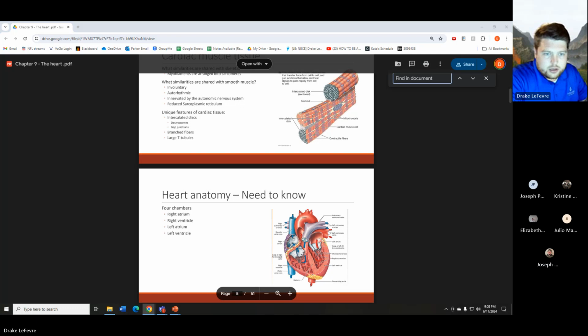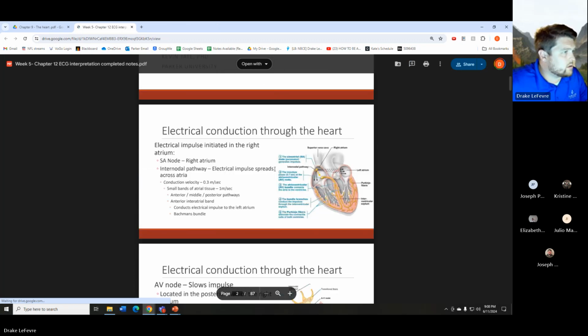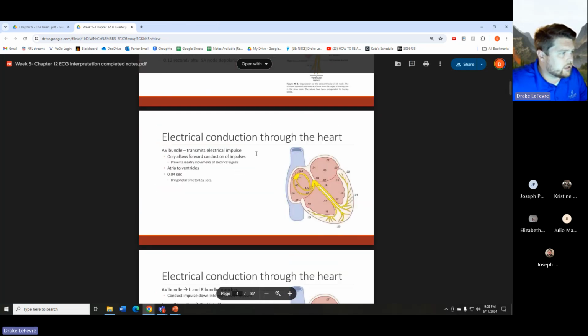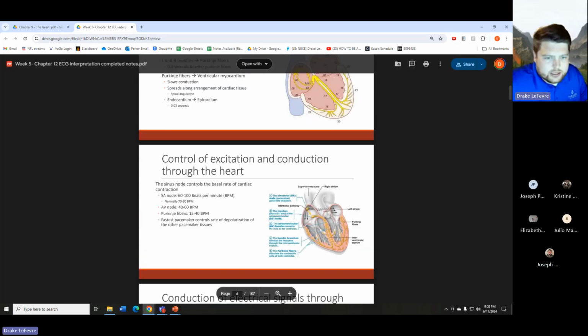ECG. Does it look kind of like this? I'm pulling it up. You said ECG interpretation, and then what was the other one? Cardiac arrhythmias. That might be a new one. I think he's still developing his material.